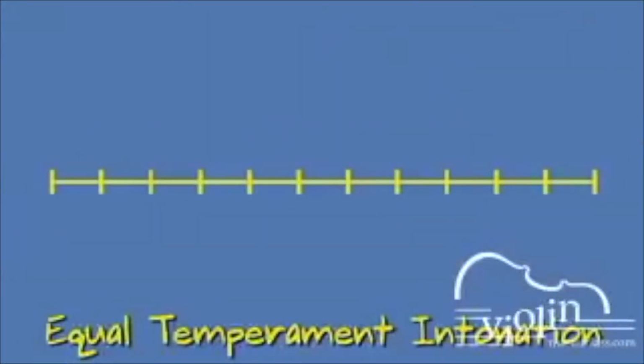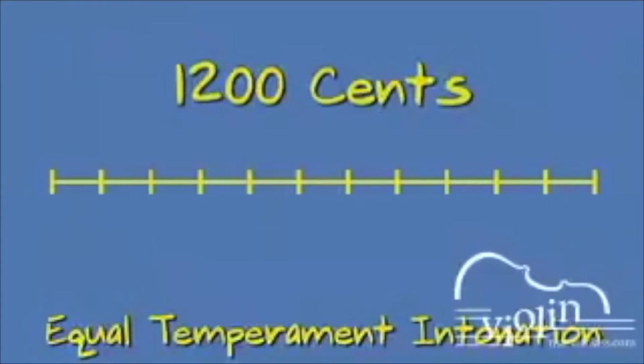The equal temperament intonation system, which is widely used to tune keyboard instruments, assumes that all half steps are equal. In this intonation system, an octave is divided into 1200 cents, and each of the 12 half steps is 100 cents wide.